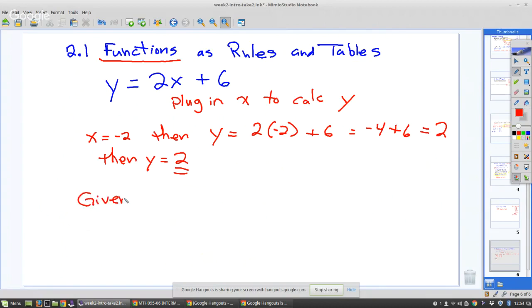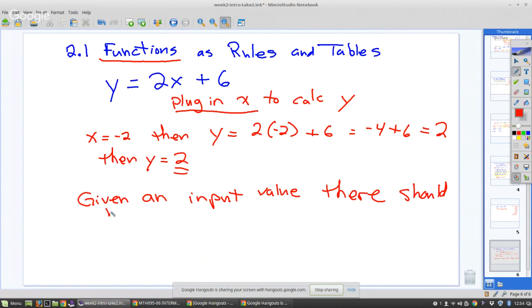If you're given an input value, plug in x, then there should be no more than one output value. And that is the fundamental rule of being a function.